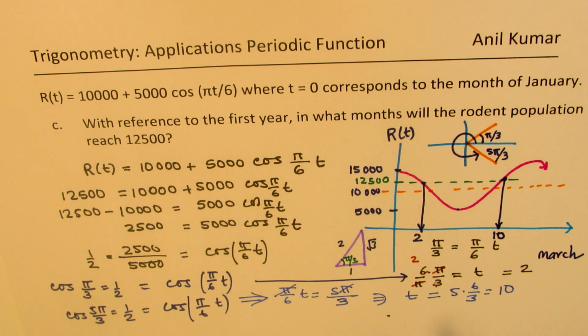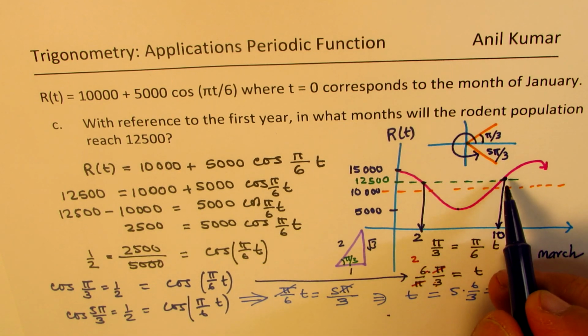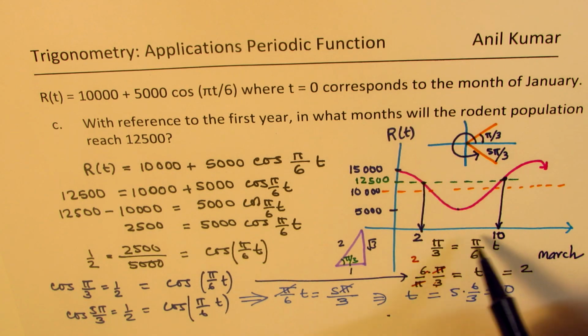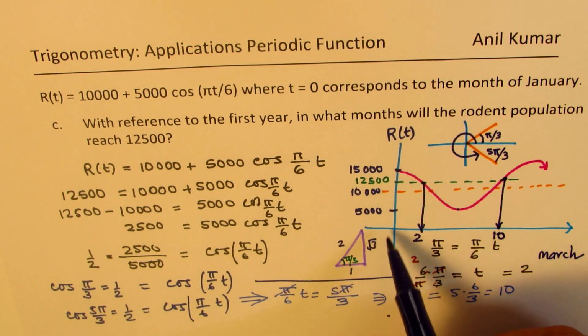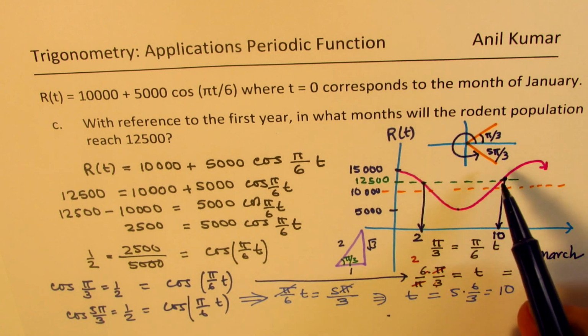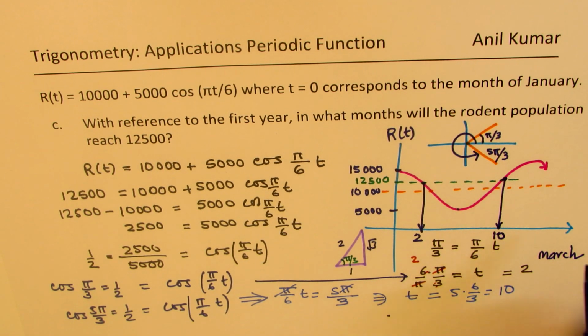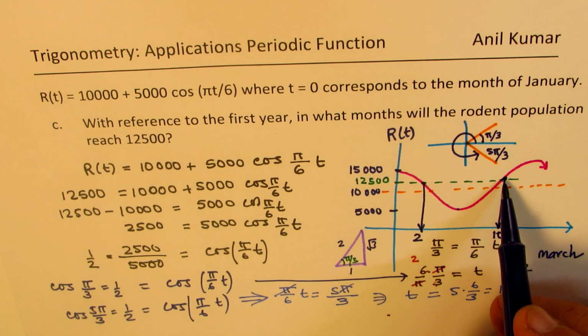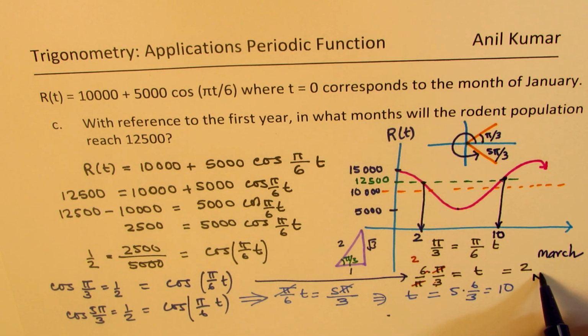And adding 10, what do we get? Actually, because 0 is January, 2 is becoming March. So 10 will be November, because we are looking at the 1st of November in this case, right?